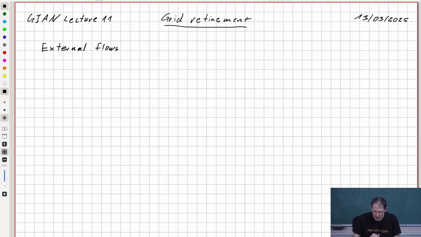But once you go to external flows, and this is actually where Lattice Boltzmann historically was used the most. So the historical application of the Lattice Boltzmann method is actually computing the drag force on cars. Yeah. So there's a company called EXA.